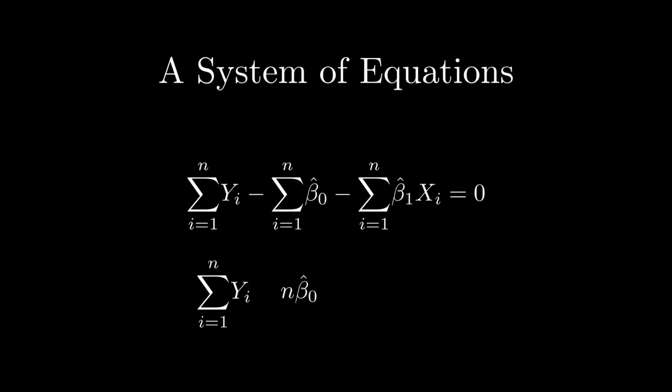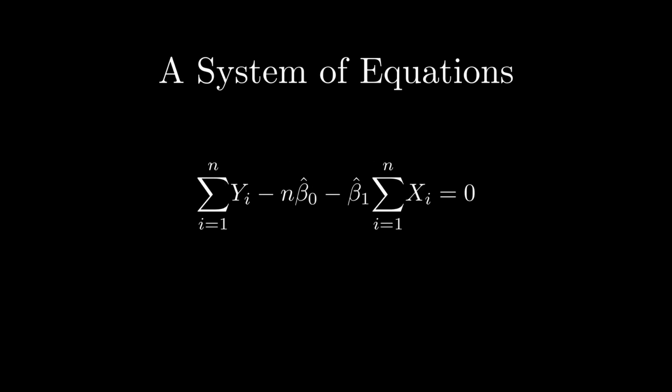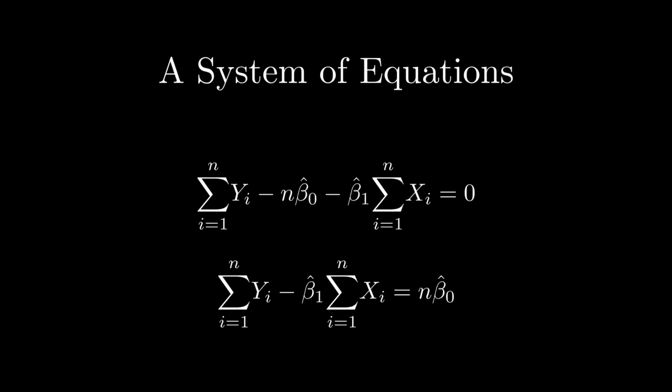Beta 1 is also a constant and doesn't depend on i, but xi does, so we'll factor beta 1 out and leave xi where it stands. We're trying to solve for beta 0, so let's isolate the term with beta 0 by adding n times beta 0 to both sides.